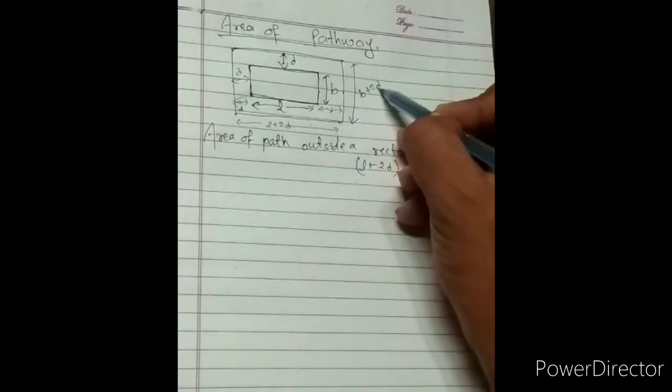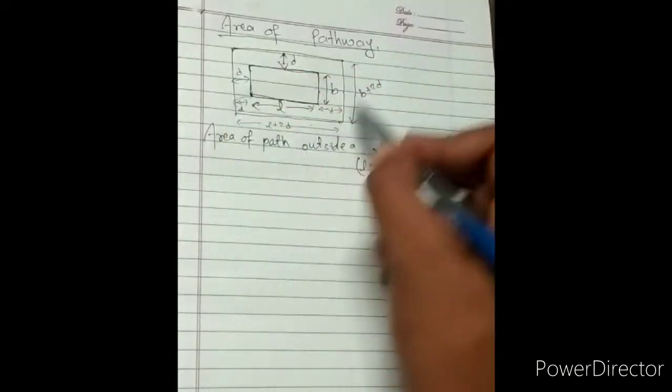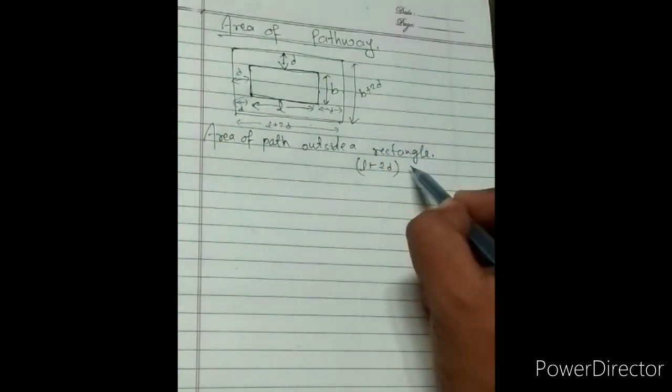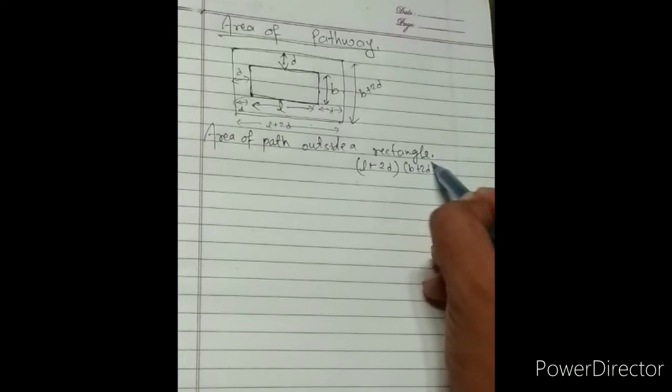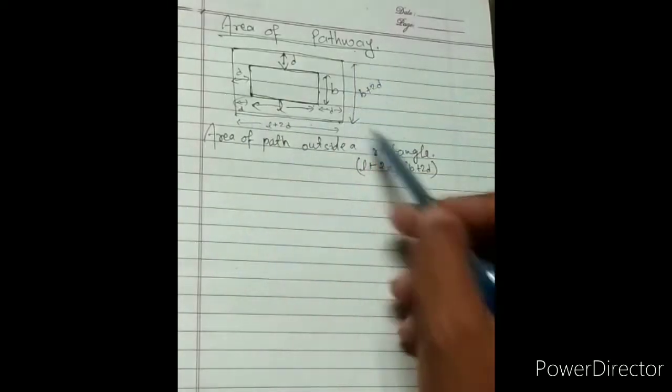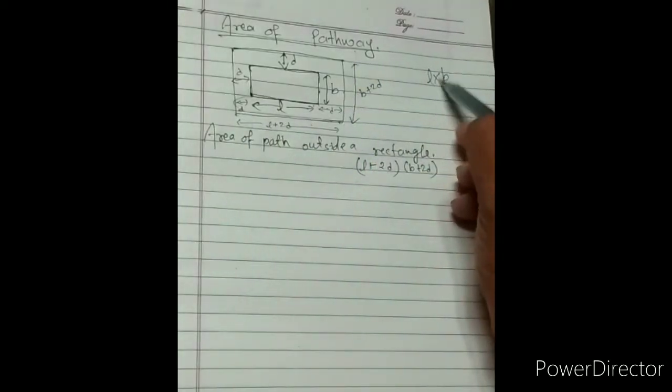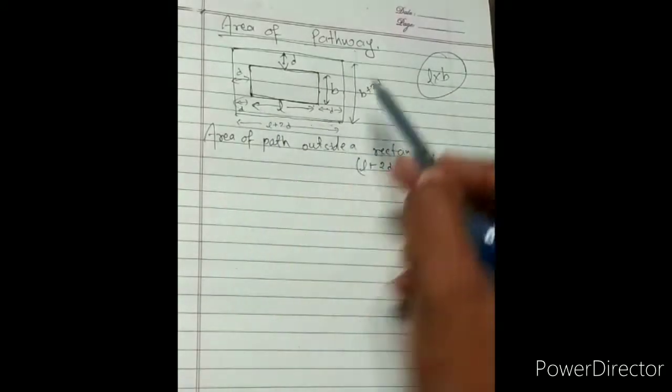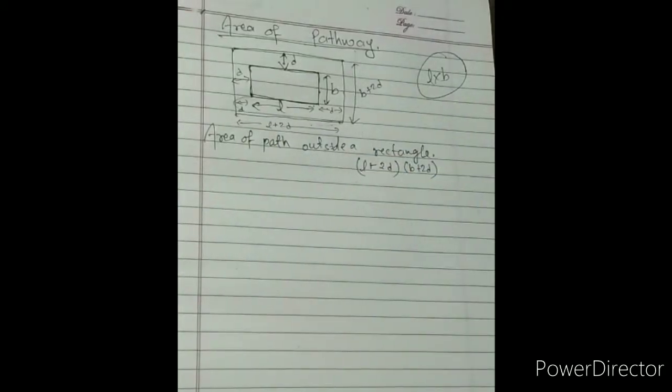B plus 2d. So the total area is L plus 2d into B plus 2d. Actually the formula is length into breadth, and length is L plus 2d, breadth is B plus 2d.